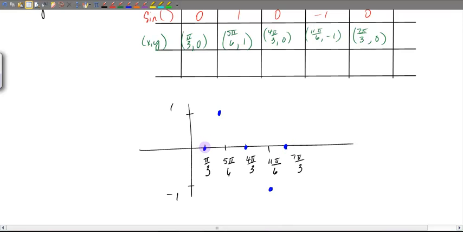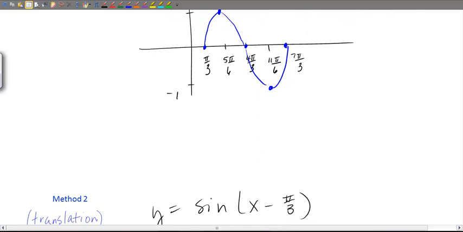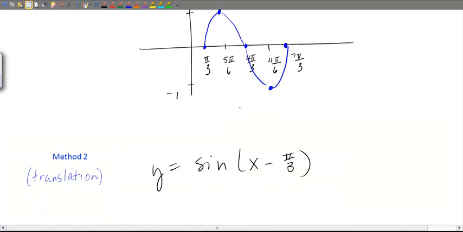And you can see that when I connect this curve, I have indeed drawn one period for the sine function. Okay? So that's using the table method for graphing this horizontal translation. Let's look at one other method to be able to do that with.